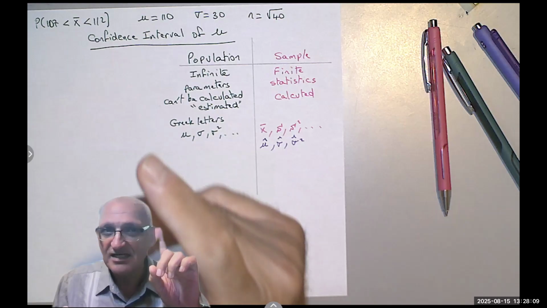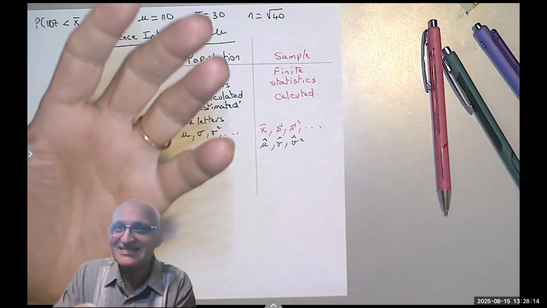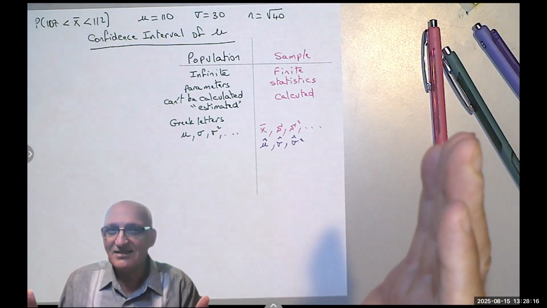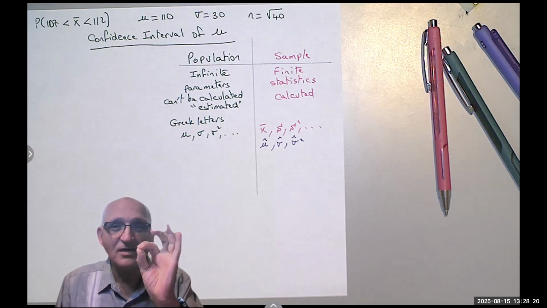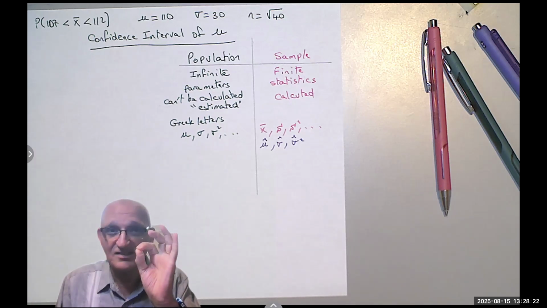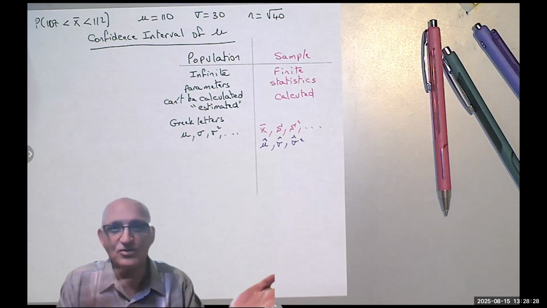Notice I didn't say I'm 95% confident that mu is inside the limits. I know it's a technicality, but mu is a specific number. It's not a random variable. It's constant, right? So I cannot say the probability that it's inside the range. It's either inside or outside.